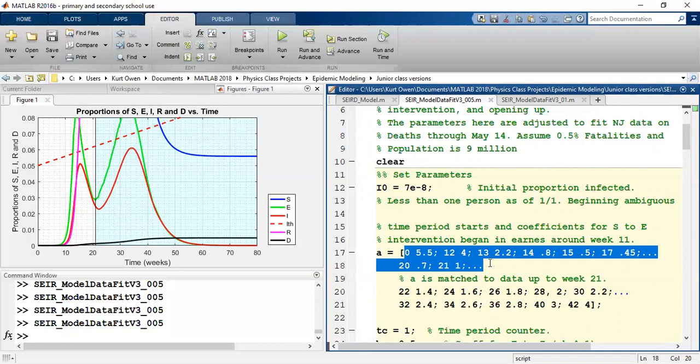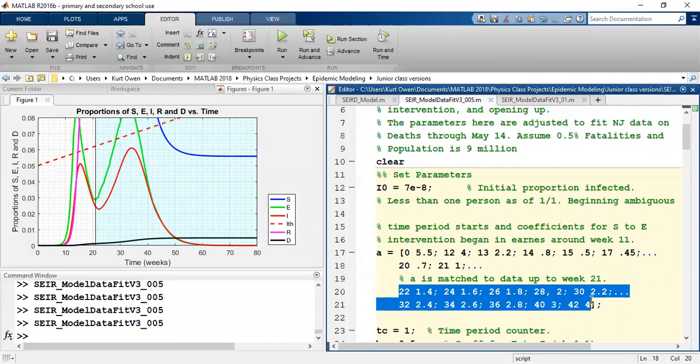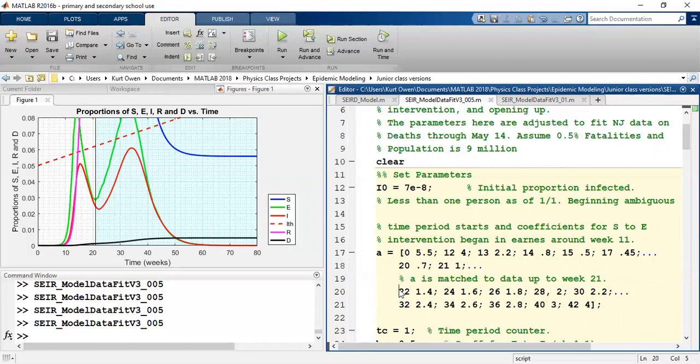But these numbers here represent what would have been happening where we have data, right? And then from that point onward, I'm speculating as to what might be happening now. So week 22, we don't yet have data, but I'm assuming that, because that was a little bit after Memorial Day weekend, you can see the numbers are starting to go up.